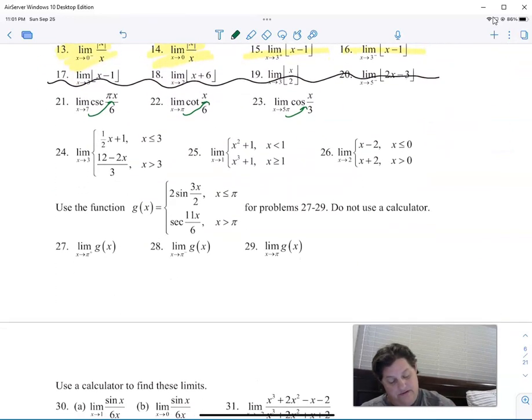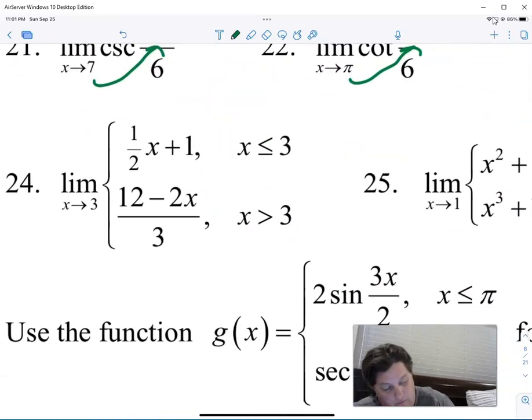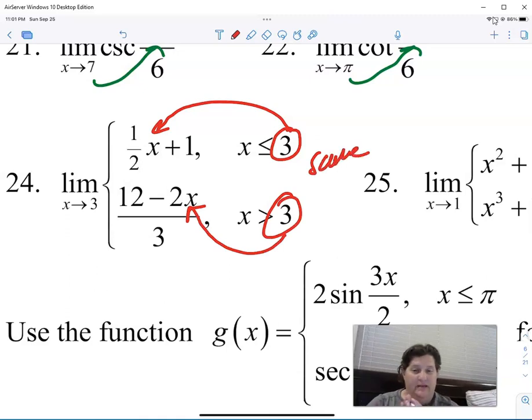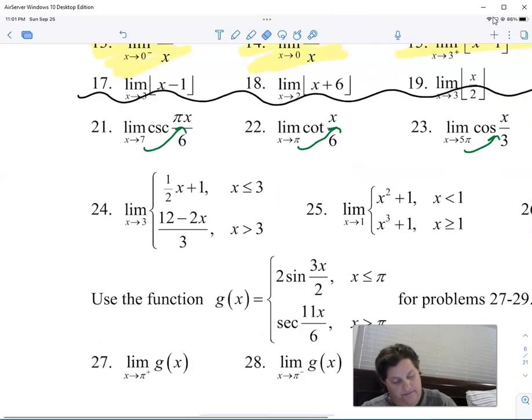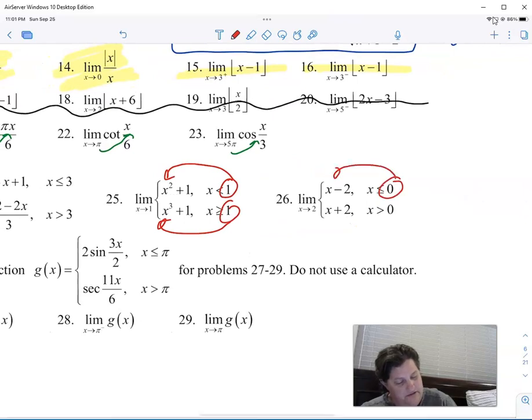Okay, so next, we want the limit as x approaches 3. The only way it's going to work is if I plug 3 in here, and I plug 3 in here, and they're the same. If they're the same, that's my limit. If they're not the same, it does not exist. That's what you're doing on 25 and 26. And again, if they're not the same, the limit doesn't exist.